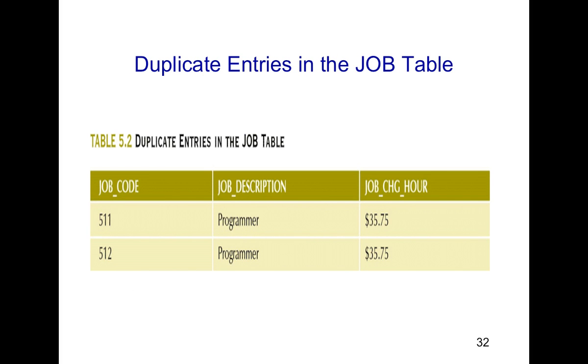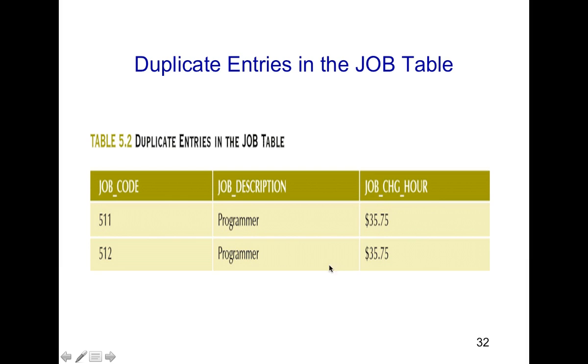What I mean is, we have a job title called programmer. That could be the job title and the job code. Both of them could be candidate keys, because we could ask, what's your job code? 511. But if you change one of them, depending on which programmer you're talking about, maybe this one's $55 an hour and this one's $35 an hour.